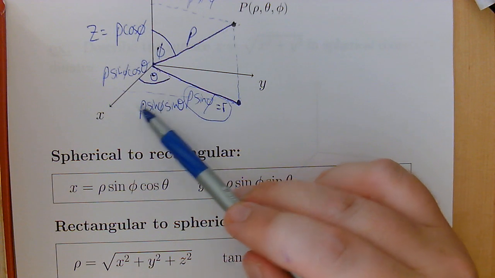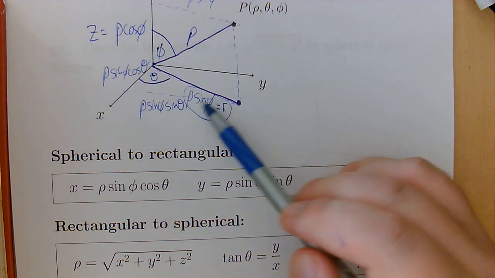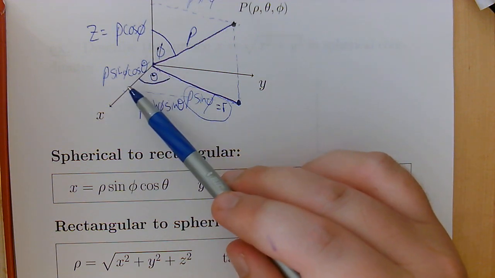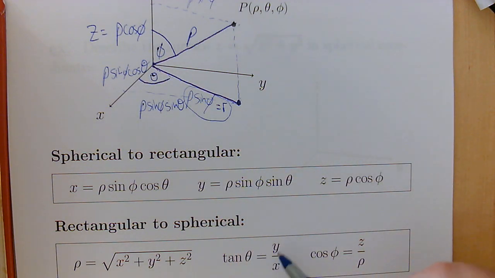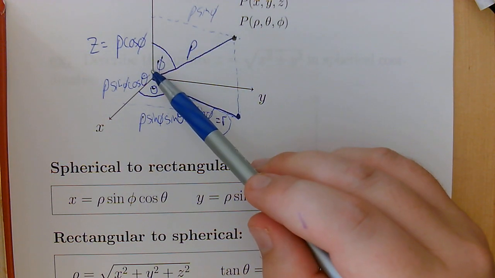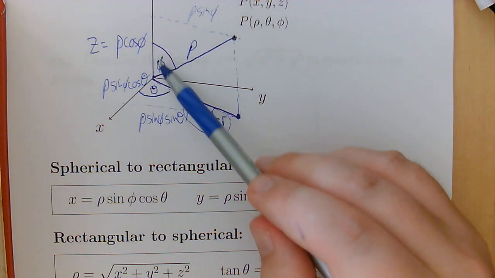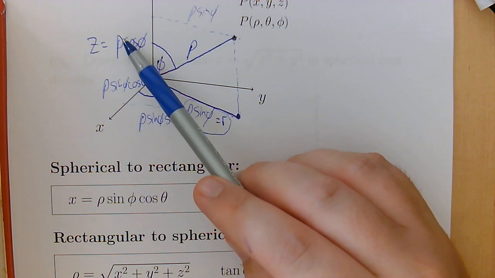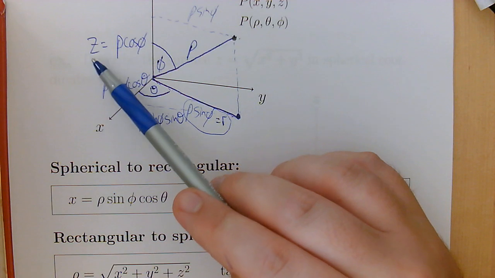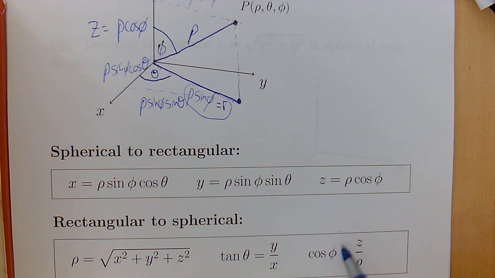That's still true because theta is embedded in the xy plane. So we have y here and x here, so tangent of theta is y over x. Now cosine of phi is in a different triangle, with hypotenuse rho and adjacent side z. So if we divide by rho, we have z over rho is cosine of phi. And that's what we use to get phi if we need it.